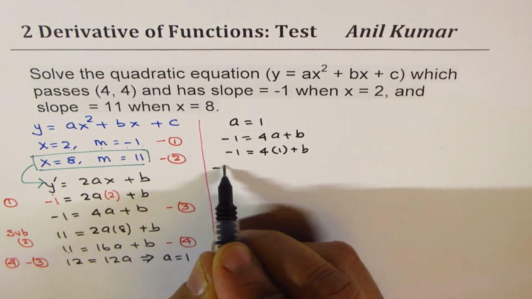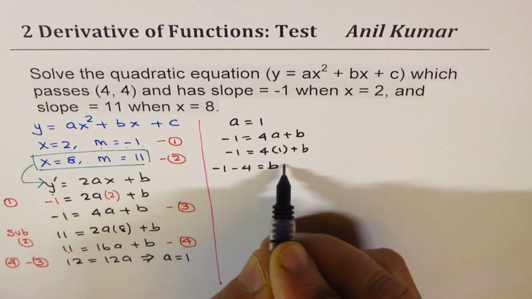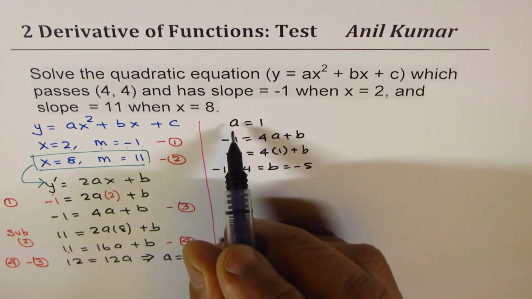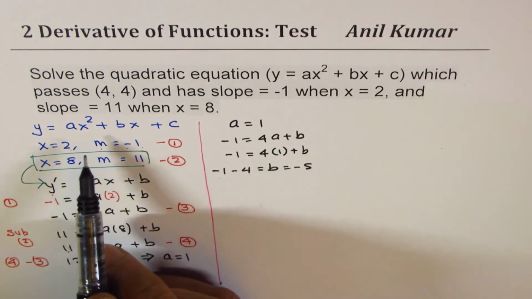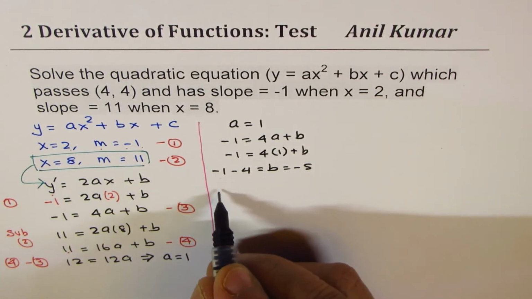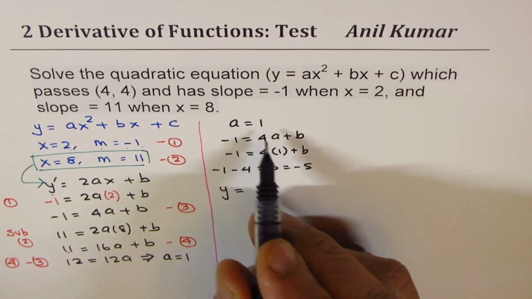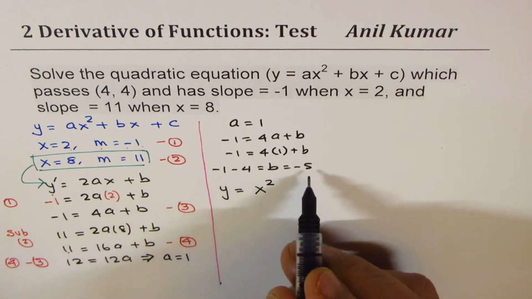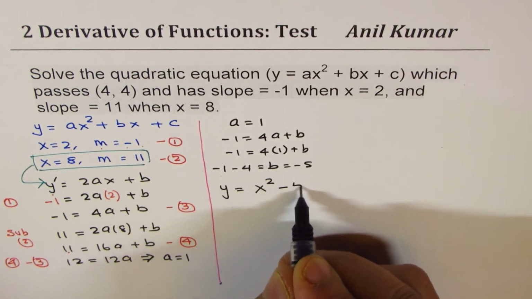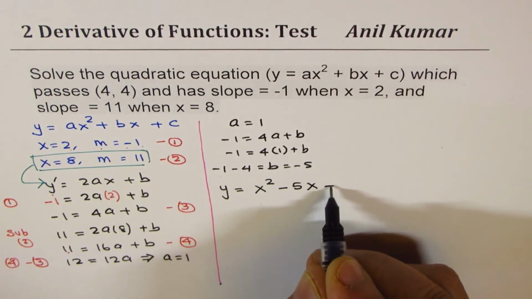And that gives us minus 1 minus 4 equals b, which is minus 5. So we have values of a and b, right? Writing these two values, I can write the equation as y equals, a is 1, so x squared, b is minus 5, so minus 5x, and plus c.